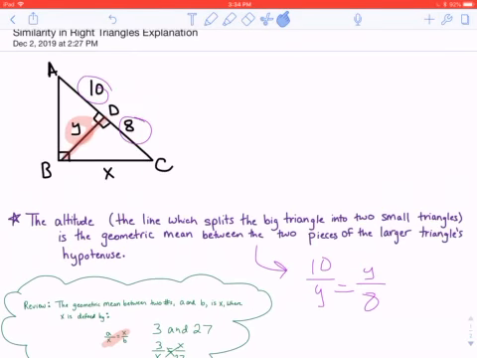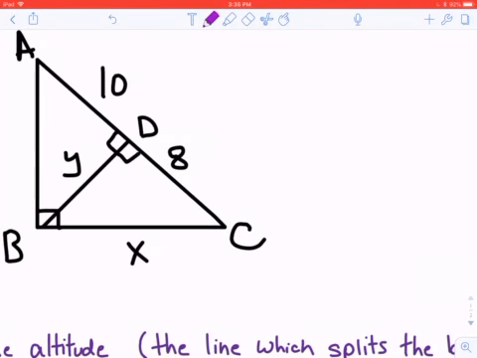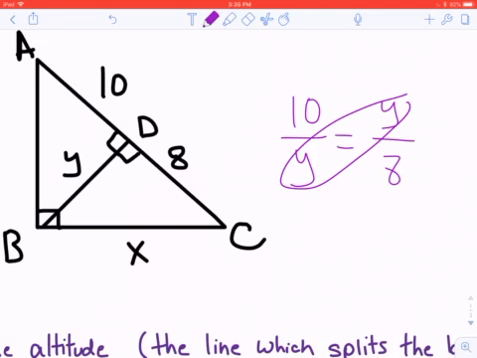So if we were going to solve this question now, rather than going through the chaotic steps we've been doing, rotating this triangle around, rewriting them, and figuring out which is the long side or the short side or the base or the hypotenuse, we can instead use this idea of geometric mean and the altitude to easily say that 10 is to y as y is to 8, because y is the geometric mean for the numbers 8 and 10.